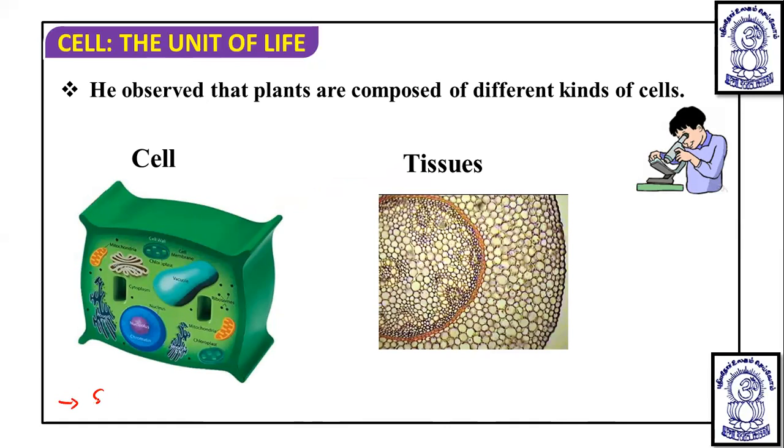Schleiden concluded that the cell is the ultimate unit of plant tissue.